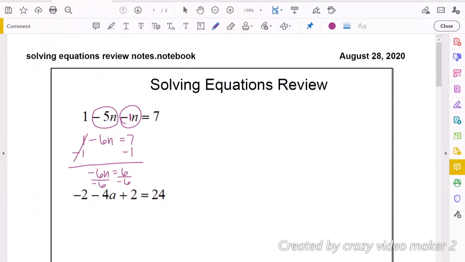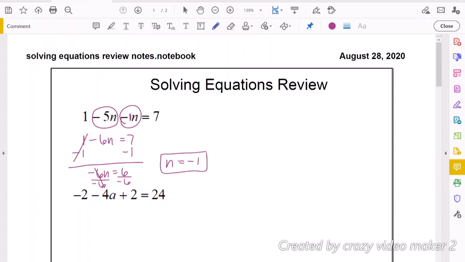So negative 6n, when you divide it by negative 6, the negative 6's will cancel. So we just have n equals, and now what is 6 divided by negative 6? It's going to be negative, because a positive divided by a negative is going to be a negative, and 6 divided by 6 is 1.